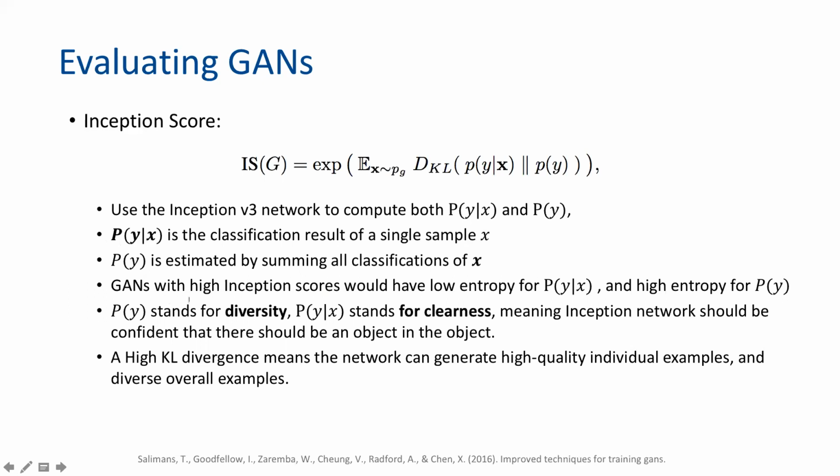And then under this score, this inception score, it turns out that a good GAN should have very low entropy for the conditional score P of y given X, but high entropy for the unconditional y.